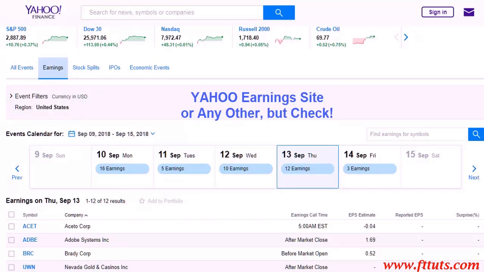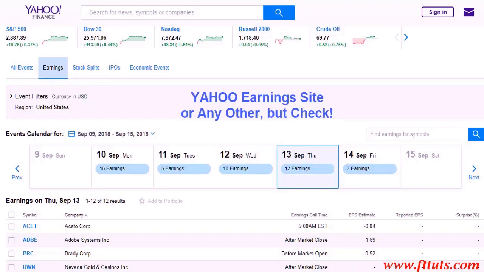Earnings dates. If you don't have the TC2000 platform, which would give you the earnings date, you go to Yahoo and look up the earnings date, and right there, save the page. You should have it in one of your saved pages to go to during earnings season.